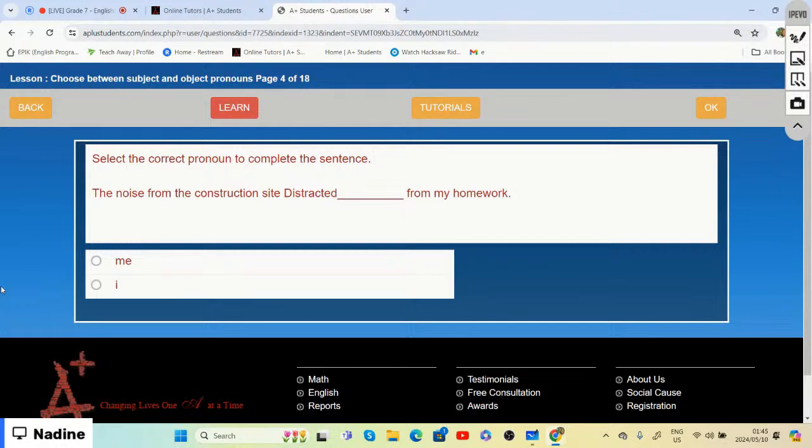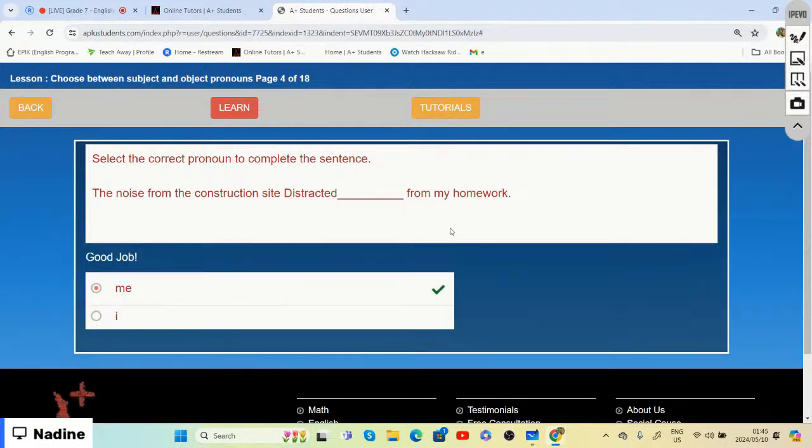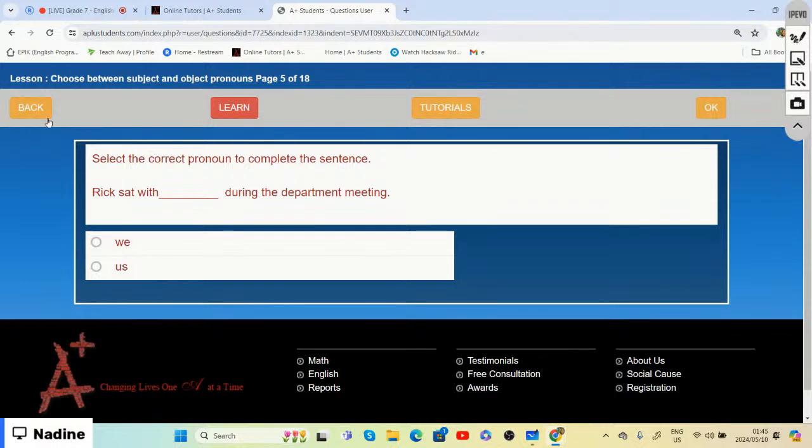If we choose the correct pronoun, we can say that the noise from the construction site distracted me from my homework. So me is the pronoun.